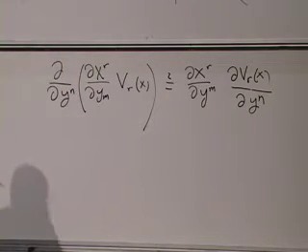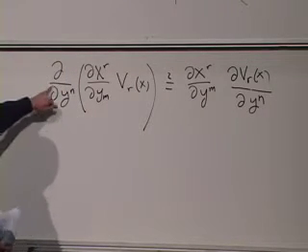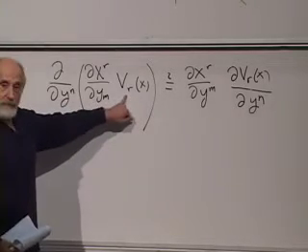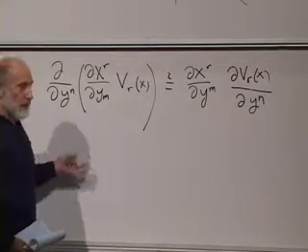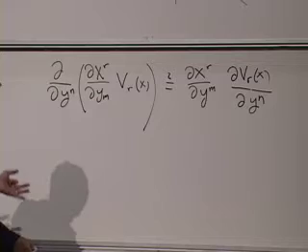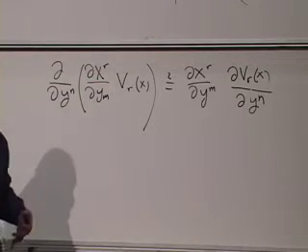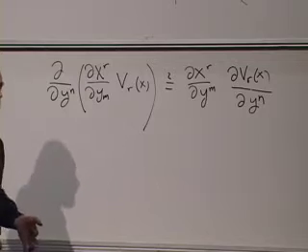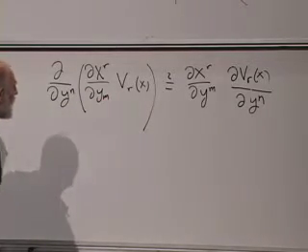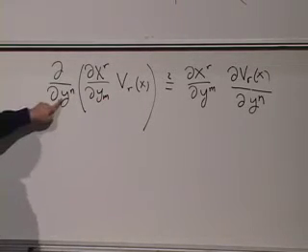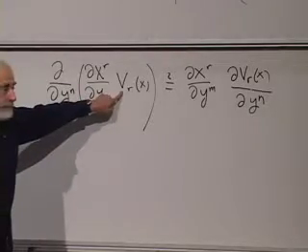Okay, well, let's look at it. We have here the derivative of a product. The derivative of a product is the sum of two terms, just the usual rule: derivative of a times b is a times the derivative of b plus b times the derivative of a. And so first of all, this derivative can hit v.